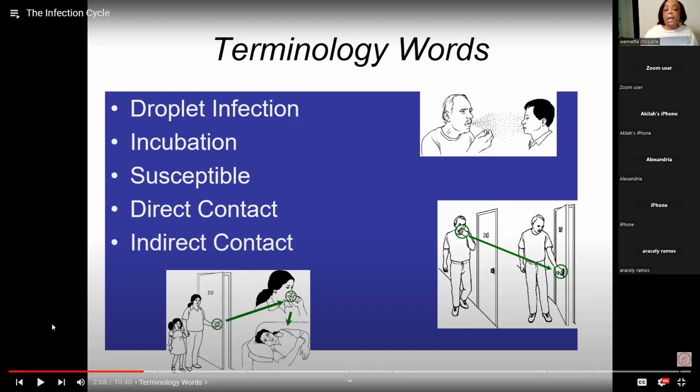So what I'm saying is we have to be mindful. Per this slide, it says that there's droplet infection, and I'll go into more detail on that when I do CPR with the different infections. Let's just say right now, as you're learning to be a phlebotomist, you're drawing that patient's blood or helping the patient to collect their urine, their stool, their saliva, their mucus, before you even know if they have something.